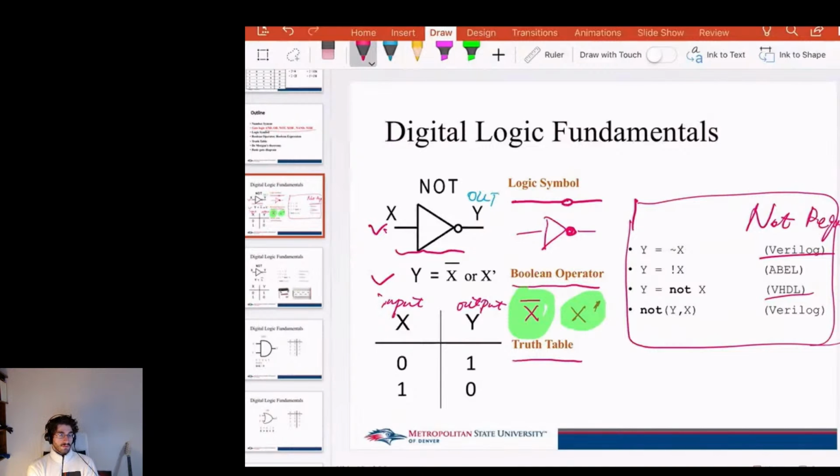For this given NOT logic, the output is Y, the input is X. When X equals 0, Y of course equals 1. If X equals 1, then Y is 0. And remember, we're currently living in a digital world for this class, so we only have binary information, either 0 or 1.